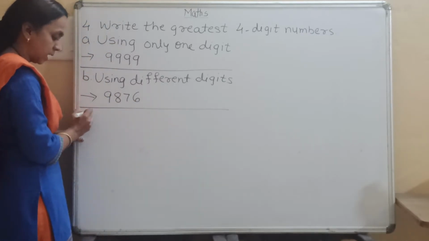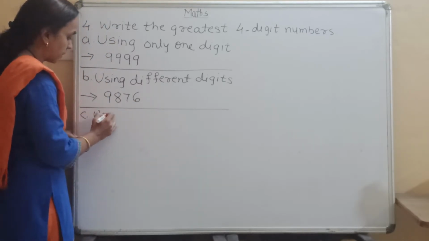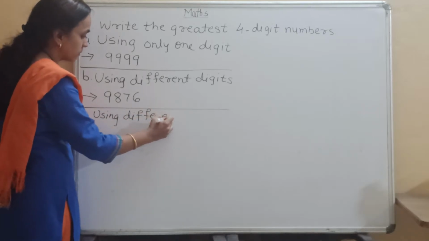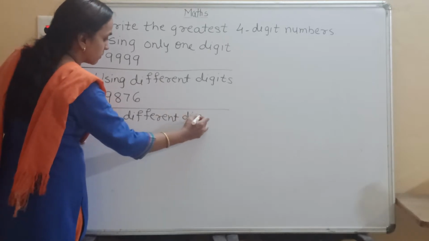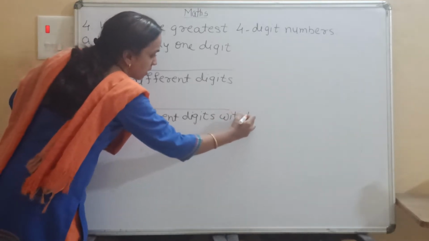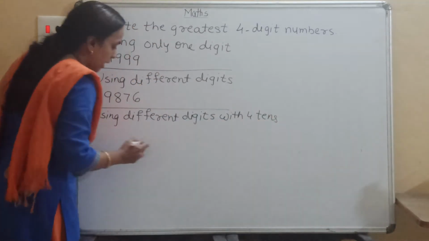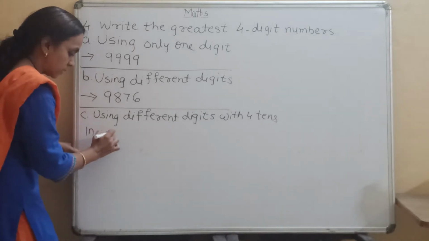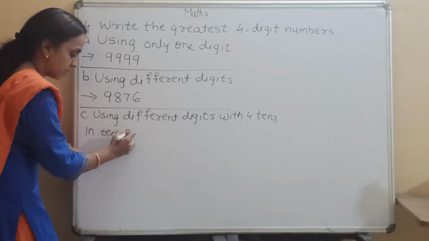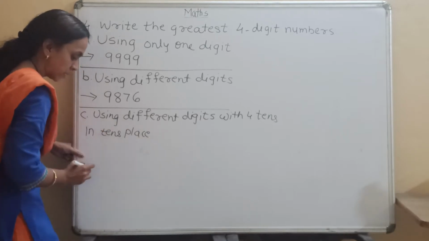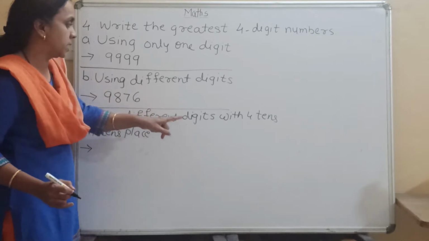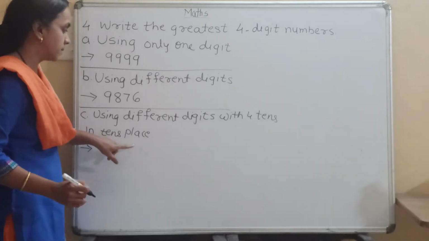Then C is what? Using different digits with 4 in tens place. Okay. So what have they given? Using different digits with 4 in tens place.